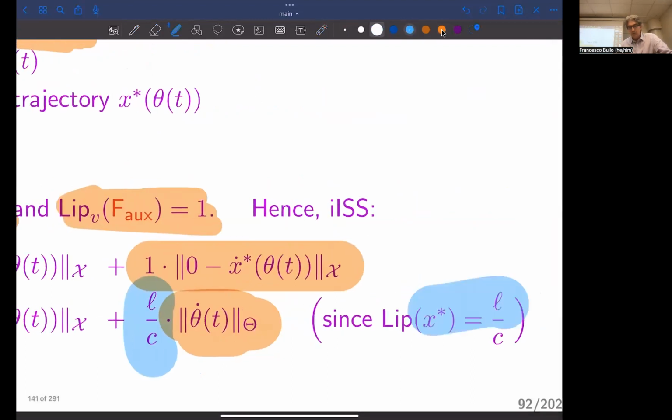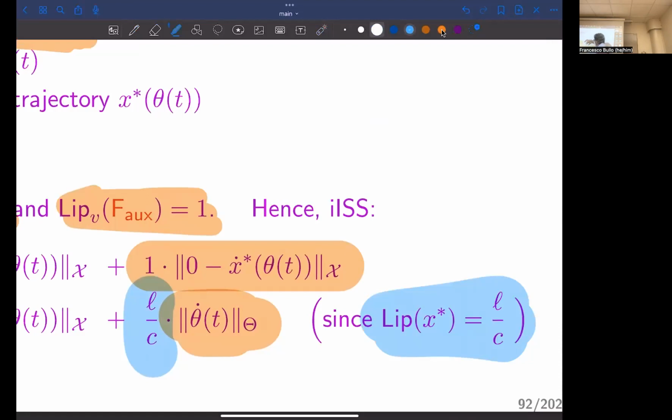And we know that the Lipschitz constant of x star is L over C. We know that because, okay, it's the 3rd time I say it today, it's the parameterized fixed point problem that we discussed yesterday. So here, the first row is 1 times 0 minus, don't worry about the 1, the 0, and the minus, because they are nothing, right?